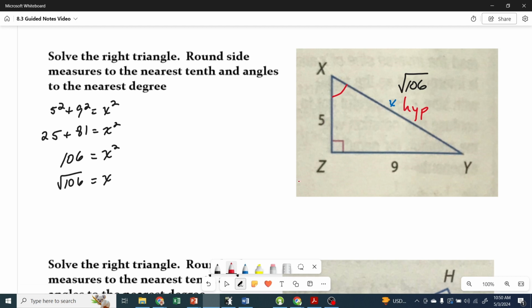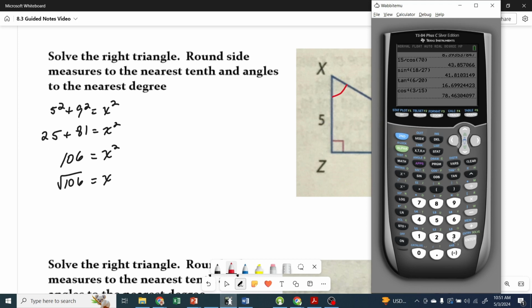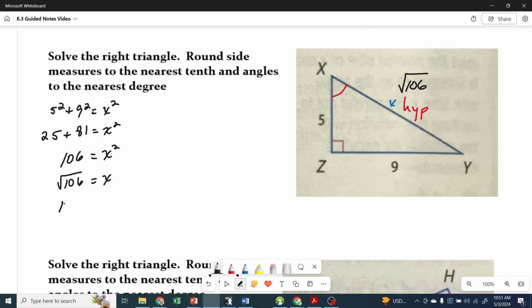And before we do that, let's do the square root of 106, because I just realized we have to put that to the nearest tenth, and that's 10.3. So 10.3 is approximately the length.